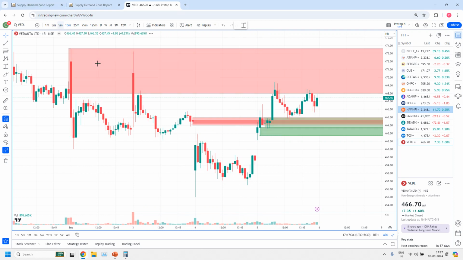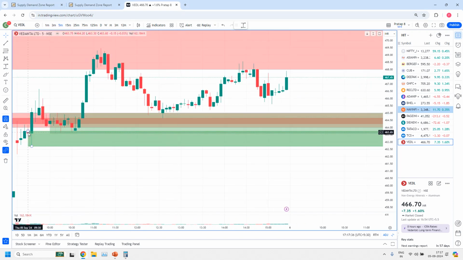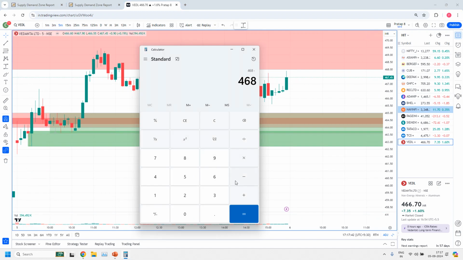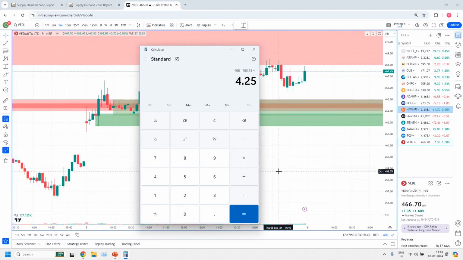The entry is in the 5 minutes time frame. The open of this candle is the entry. 463.75. That means for one stock you got 4 rupees 25 paise as profit.